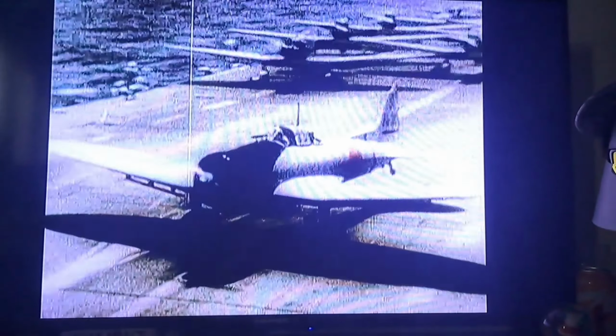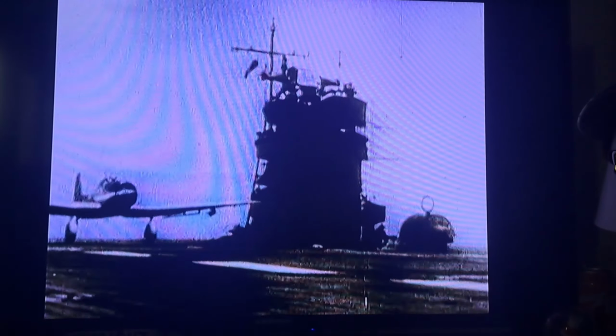The Battle of Midway, June 2nd, 1942. Midway, the turning point in the naval war in the Pacific, when America re-engaged on an equal footing with the forces of the Emperor of Japan.